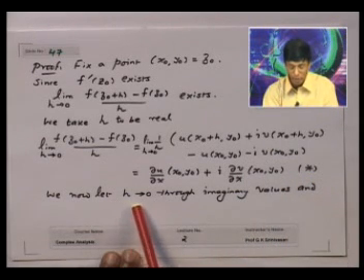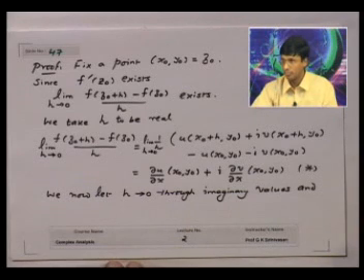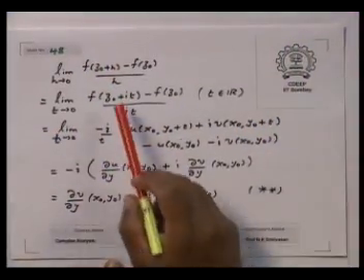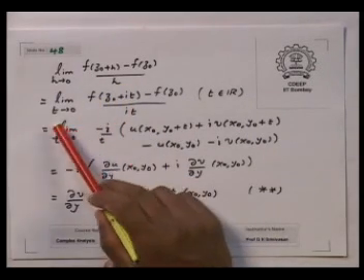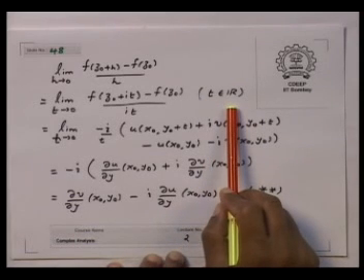Now we let h go to 0 through purely imaginary values. Instead of h, I am going to take i t, where t goes to 0 and t is real.